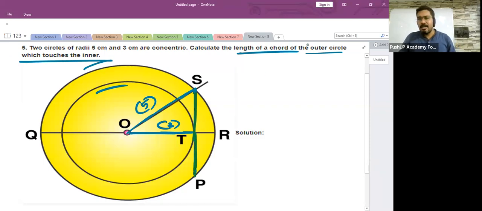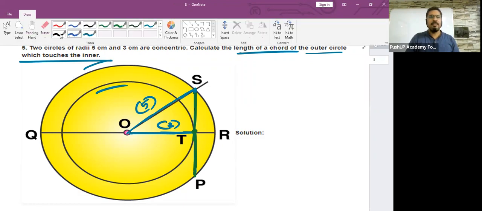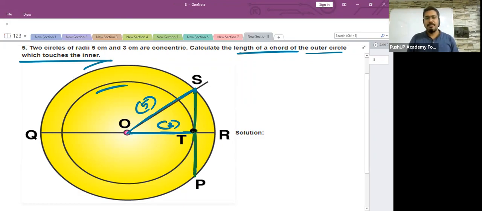Read that question once again. They are talking about the chord of the bigger circle. Can't I assume SP as the chord of the bigger circle? And it touches the inner circle. Isn't it touching the inner circle at point D? So they were in fact asking us to find the length of SP.